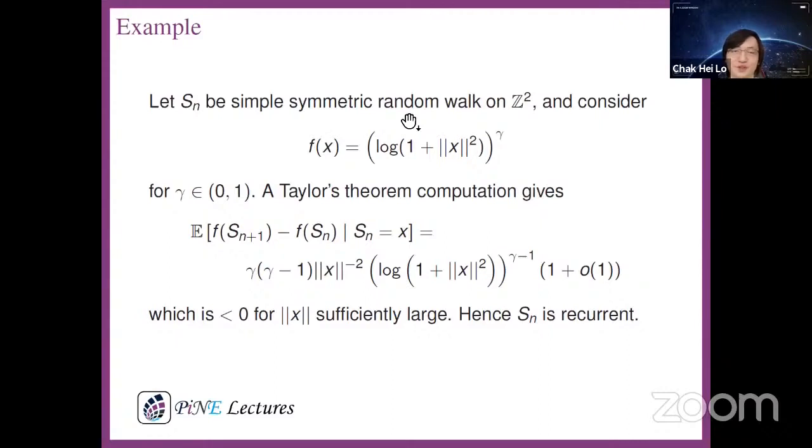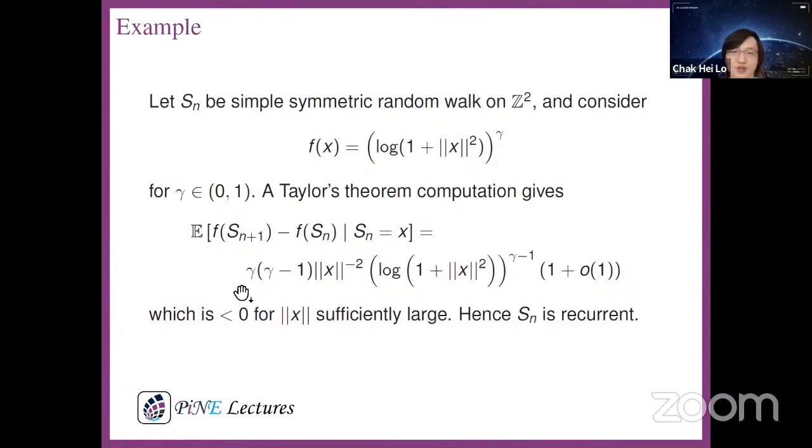So we have a parameter here, gamma, which is in between 0 and 1. Essentially we need to do a calculation here that I'm sure every one of you can do. So just do a Taylor expansion here, and so we can calculate this expectation. After a bit of calculation, you get this big thing.